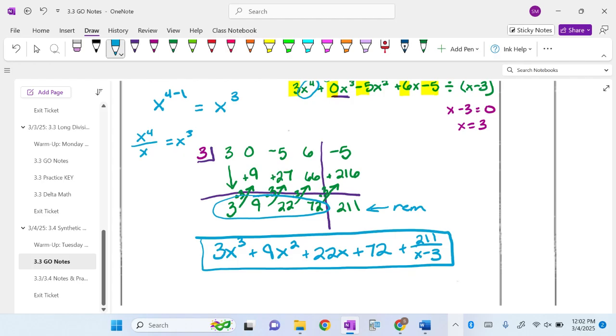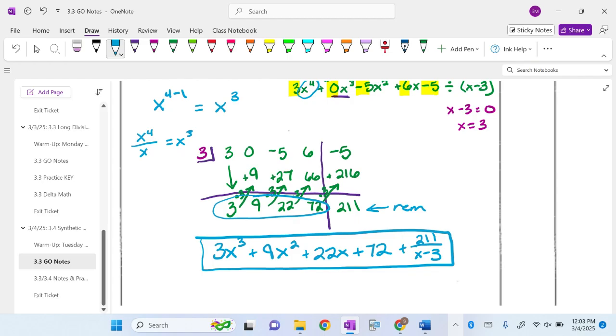If it doesn't, you have to use long. So long division will work for any polynomial division problem. Synthetic division will not. So be careful that you know the difference. Again, the one we did for warm up, you would not be able to do synthetic division before because of this 2 in front of that x. Any questions on that?